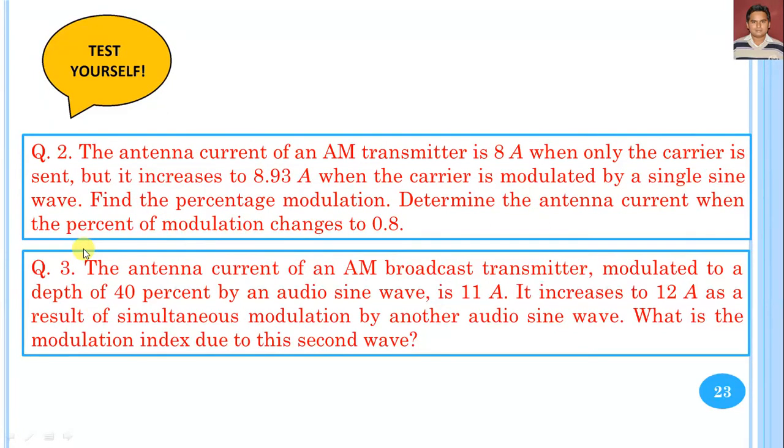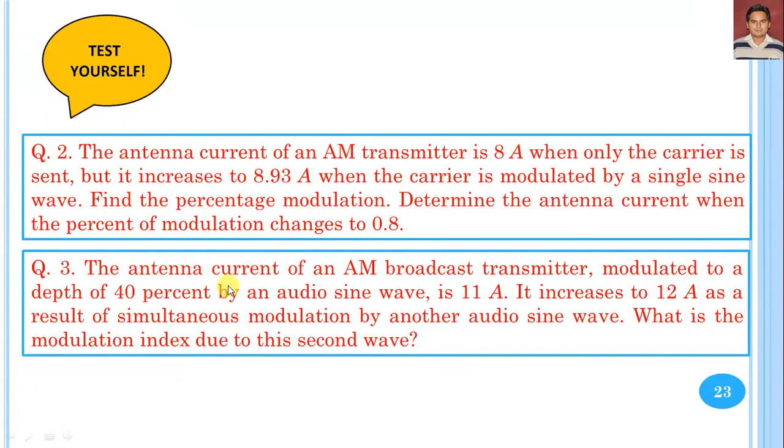These two problems are given to test yourself, and they are based on the power and current relation, as well as multiple sine waves. If we are using multiple sine waves, the total modulation index depends on the individual sine waveforms.